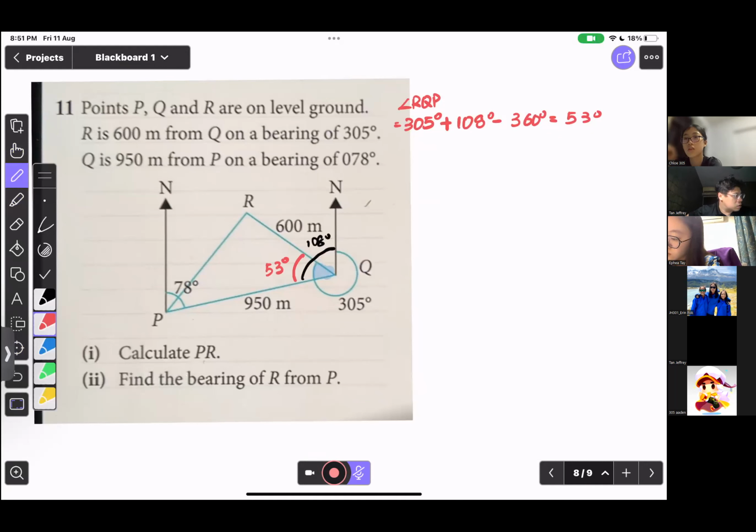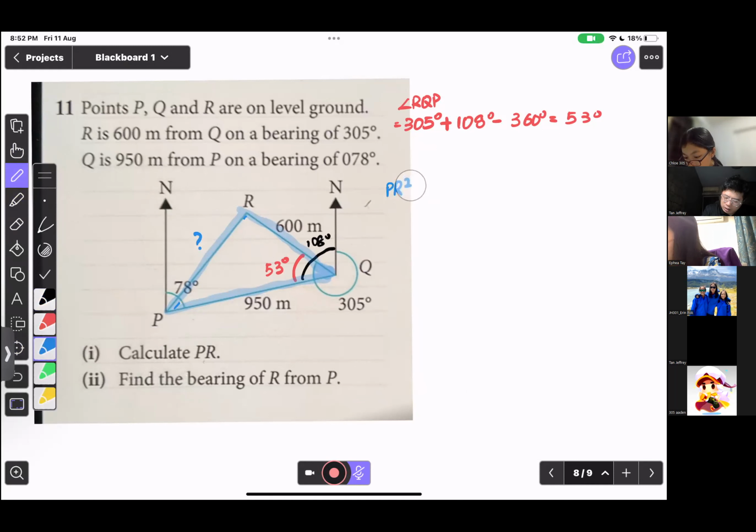Sorry. Okay, so 78, I use cosine rule. Why do I use cosine rule? I was thinking of sine rule also, but then I realized that I have nothing to do sine rule with. So this one will be the unknown.